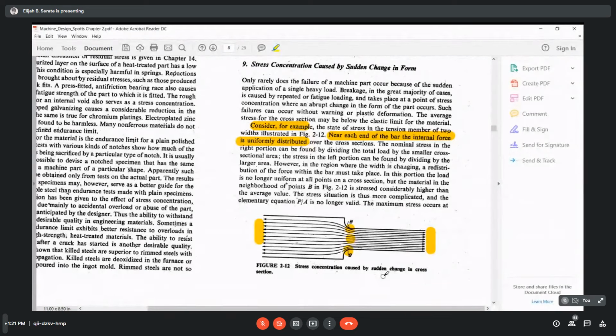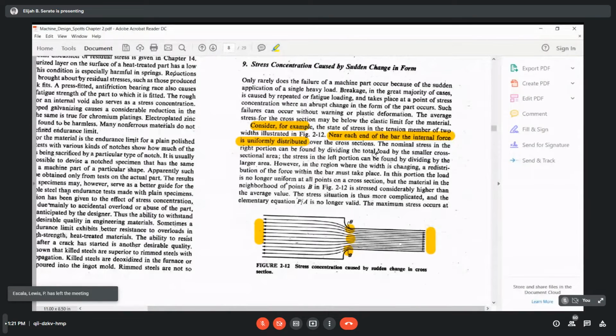So that is what is known as stress concentration, which means that the stress on the portion of B is higher compared to the one in the middle. Between the surfaces of B and A, if you go to the middle, it is not as crowded as when you go to the surface of the bar.